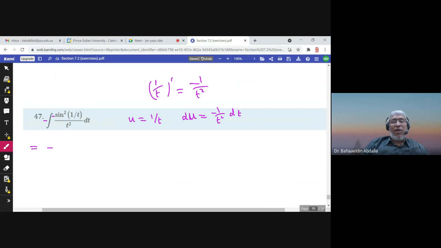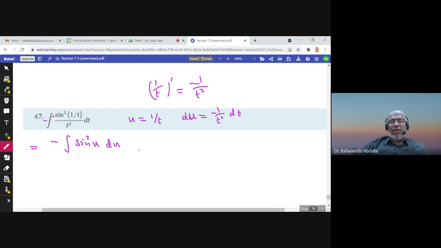And then this integral would be negative integral sine square u, and negative 1 over t square dt would be du. So this would be the new integral.